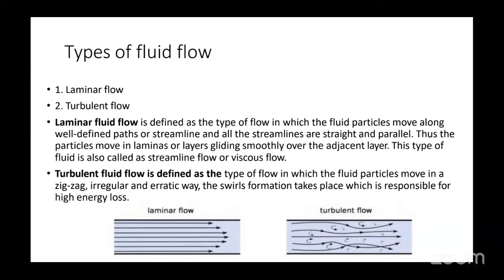So laminar fluid flow is defined as a type of flow in which the fluid particles move along a well-defined path or streamline, and all the streamlines are straight and parallel. Now, we have two figures here. The first figure on the left is a demonstration of laminar flow.